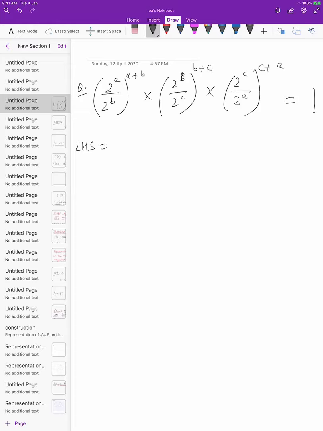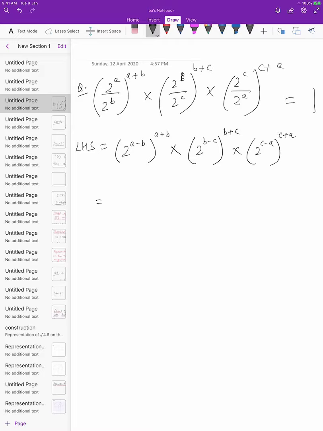Now look here, 2 raised to the power a upon 2 raised to the power b. Can we apply the second law, 2 raised to the power a minus b? Whenever the bases are the same in division, the powers get subtracted. Similarly, 2 raised to the power b minus c raised to the power b plus c, and here 2 raised to the power c minus a raised to the power c plus a.